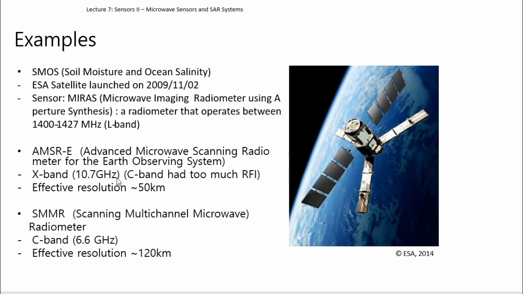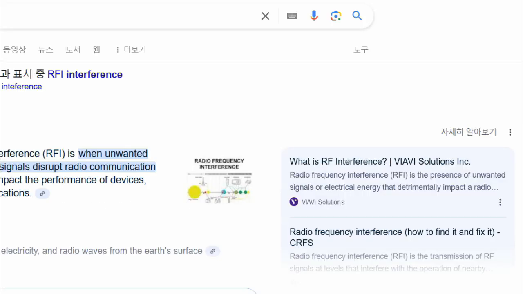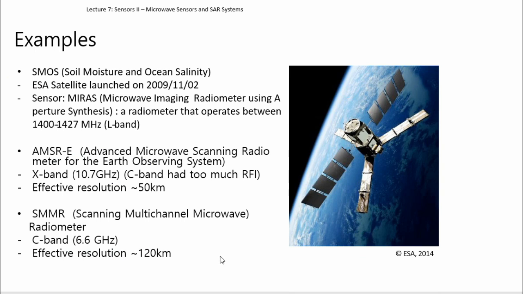AMSR-E operates at X band and also C band, although there is some RFI, radio frequency interference, and its resolution is 50 kilometers. There is also SMMR, which is available at 6 C bands, and its spatial resolution is much lower, higher than 100 kilometers.